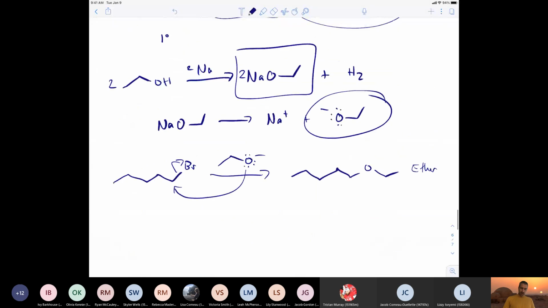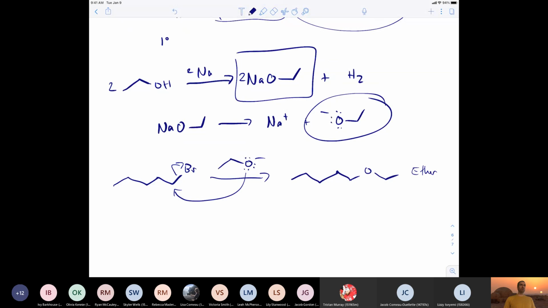But alkoxides, alcohols are really weak acids. So alkoxides are quite good bases. They're about the same as hydroxide, and hydroxide we would consider a strong base. In fact, they're a little bit better than hydroxide, because alkyl groups are electron donating. So they donate to the O- and make it even more basic.